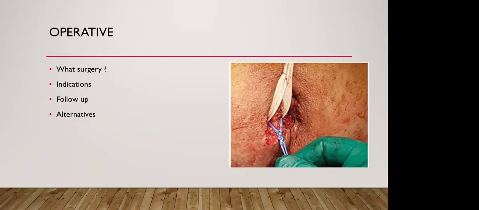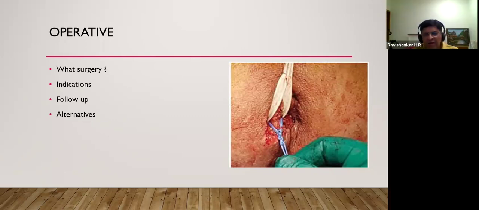To completely remove the tract, to drain all associated sites of infection, to preserve anal continence. Correct. Control of sepsis and extirpation or removal of the fistulous tract and maintenance of continence. These are the three guiding principles.